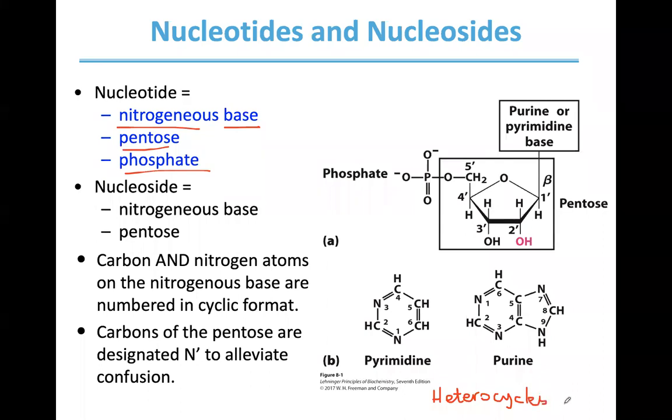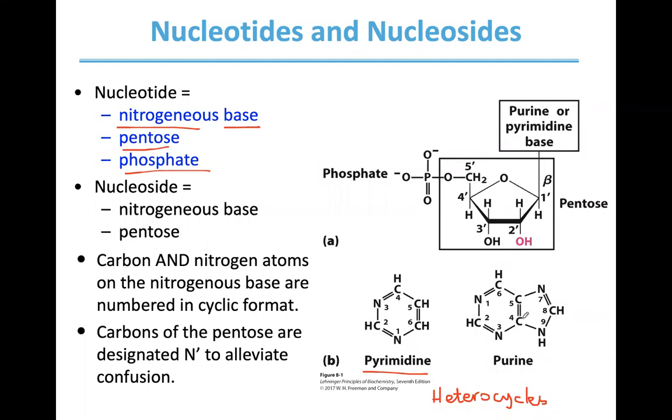So you can see here in this ring, it looks like a benzene ring, but there are two nitrogens. And so this type of aromatic structure is known as pyrimidine. Pyrimidine, so like benzene, only two nitrogens. And the other one is purine.